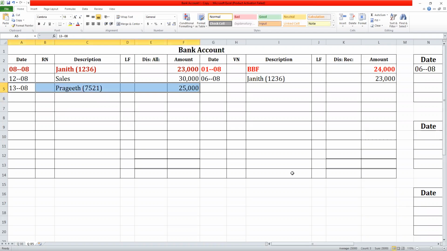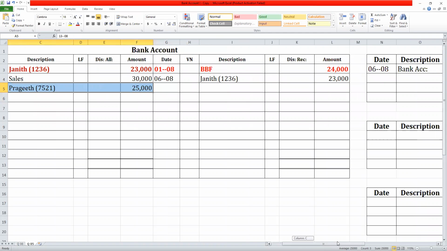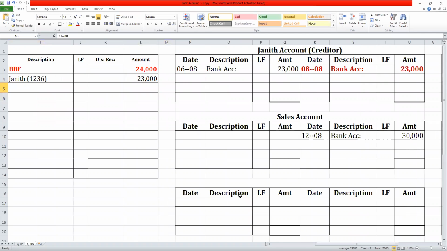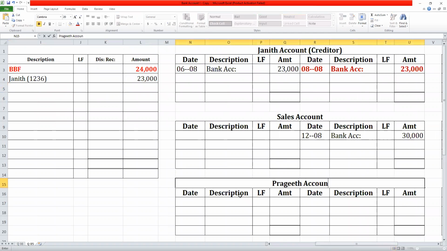Children, don't forget to credit this to Prageet account. Now Prageet is a debtor. We have collected this check from Prageet.